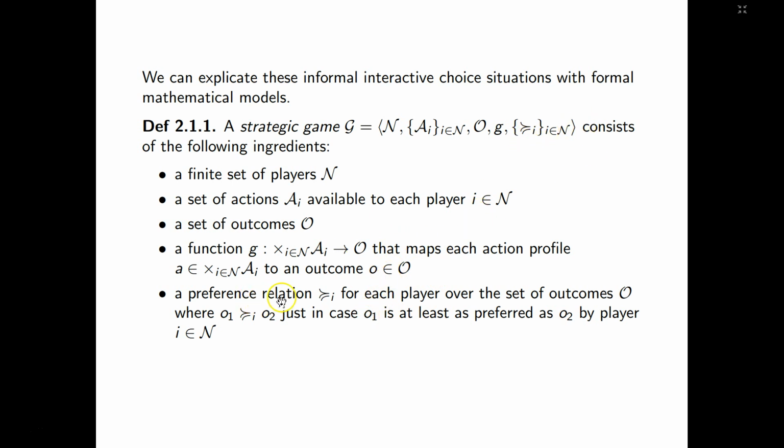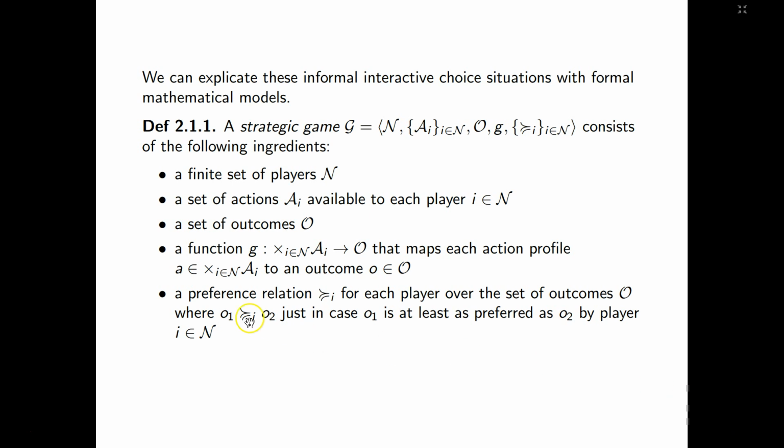and a preference relation for each player over the set of outcomes, where o1 is at least preferred to o2 just in case o1 is at least preferred to o2 by player i in the set of players.